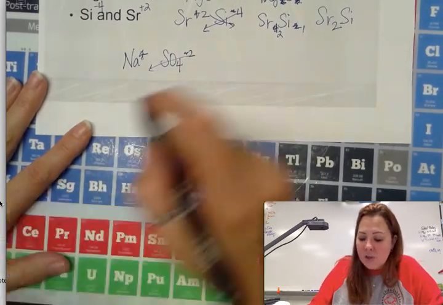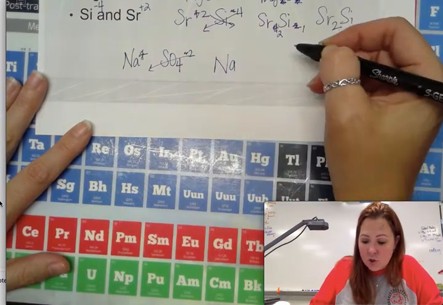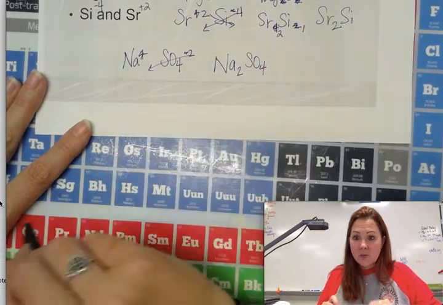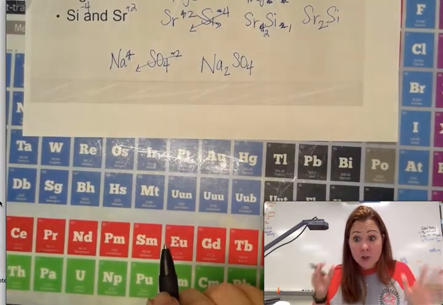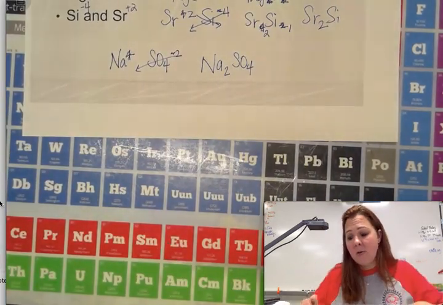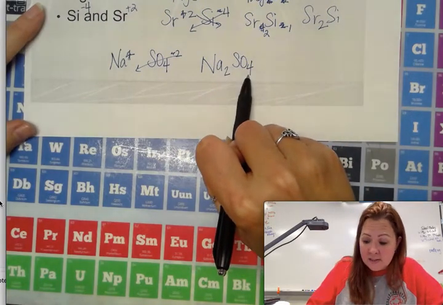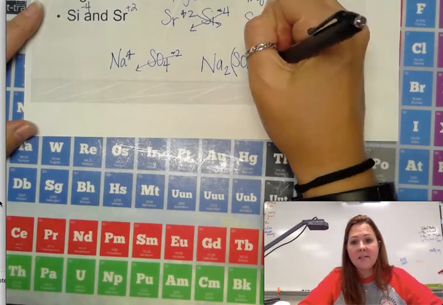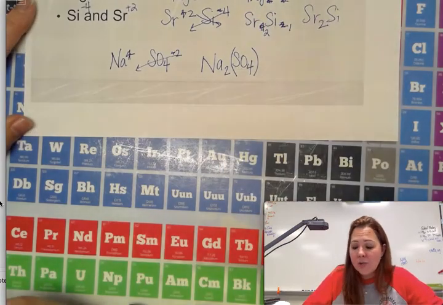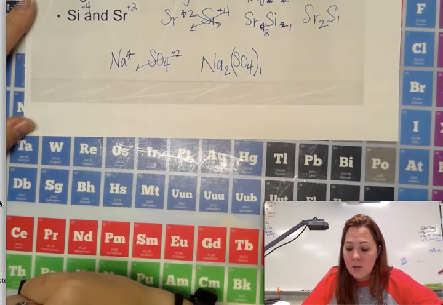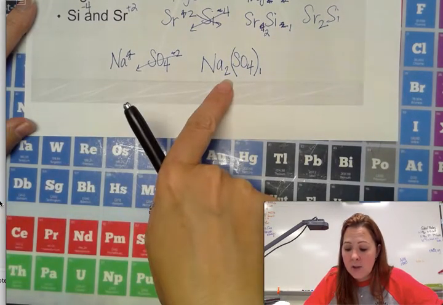How this actually gets written is Na2SO4. And when you first see them, you're like, oh my gosh, a 2 and a 4, I need to reduce that down. You cannot reduce that 4 because that 4 is locked in to the polyatomic ion. So you actually only have one of those SO4s. So you can't reduce or simplify the 2 and the 1.